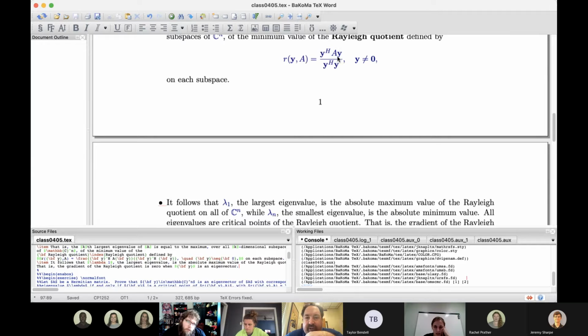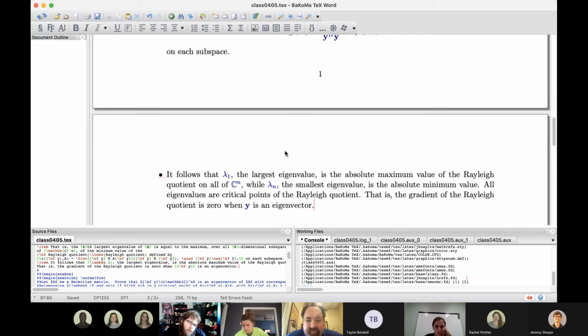So you're thinking of this as a function of the components of y, and you take the gradient and set the gradient equal to the 0 vector. What you find is that it's only equal to 0 if y is an eigenvector. And the value of the Rayleigh quotient is the corresponding eigenvalue.